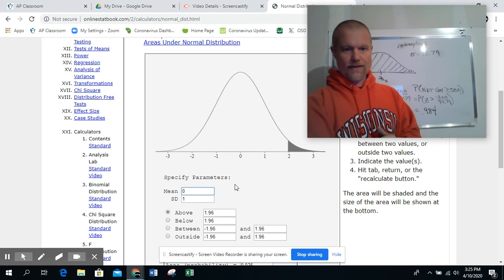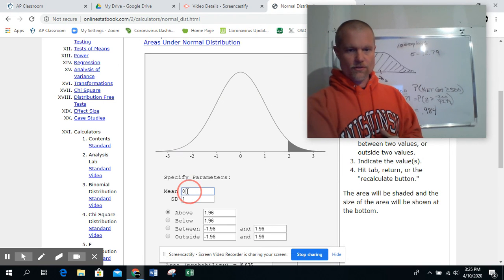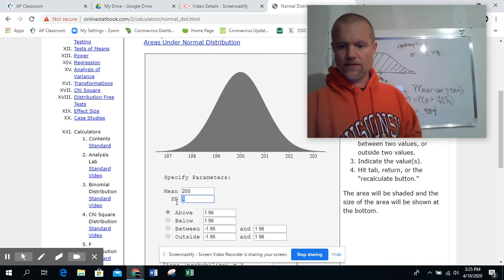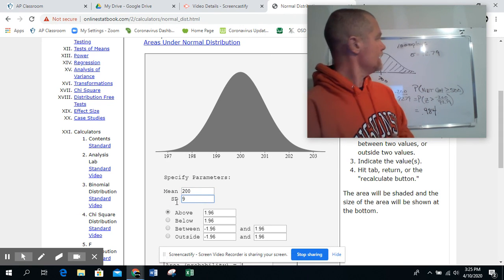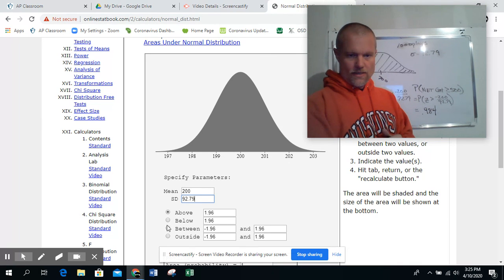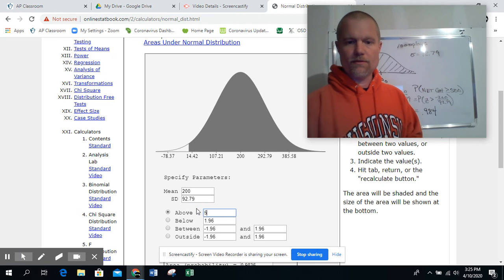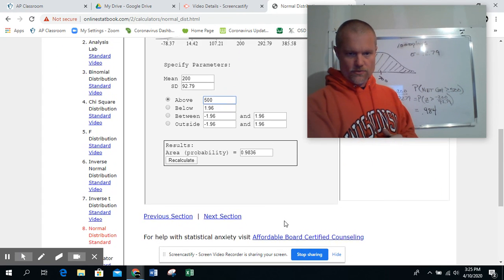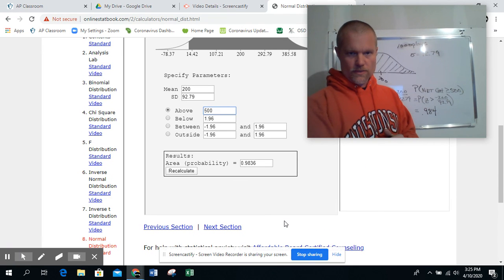If you go to it, it actually even gives you the picture and everything. So I'm going to say the mean is 200, the standard deviation is 92.79, and I want the probability above 500. And I'm going to hit enter.